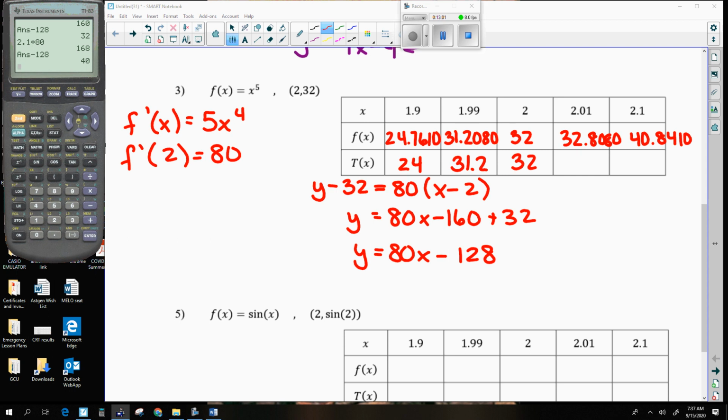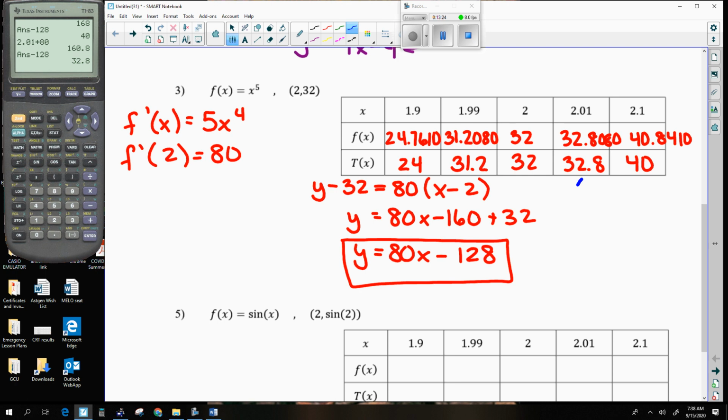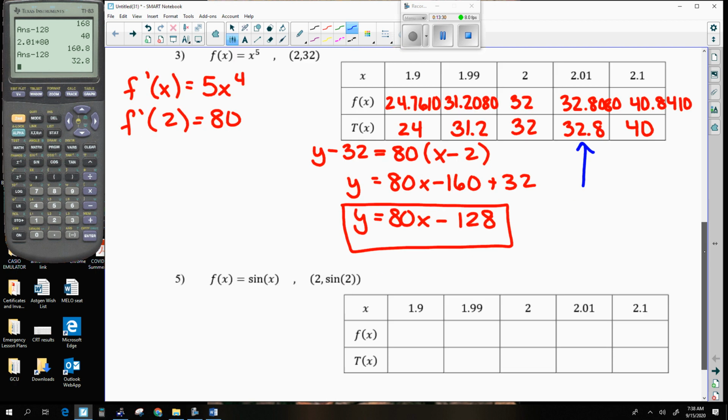Oh, shoot, I accidentally did the last one. So our approximations are really close to what they should be, the actual answer. So again, this won't give you an exact answer to these difficult questions, but the answer that you do get from this line is pretty close to the real deal.